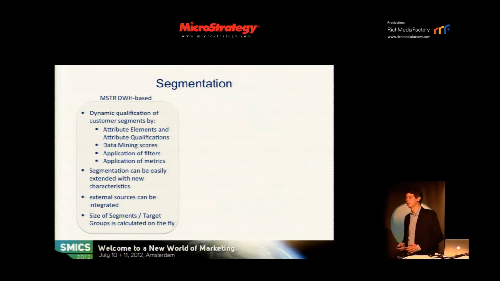I think in the year 2012, this is pretty much standard in the campaign management environment, that you have this one data source behind, or at least it should be, where you can for sure apply some other data sources to enrich the data as well, external sources, and then the segments are calculated on the fly. So you have more or less fixed target groups or segments.